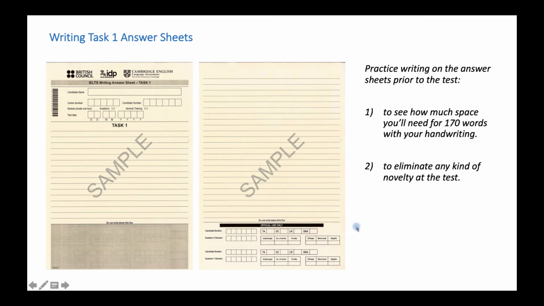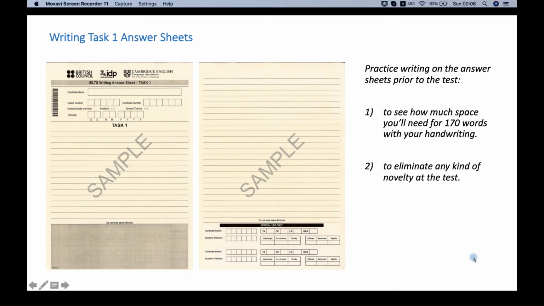And when you practice writing task 1, always use these sheets of paper because you have to know how much of this space you will need to write 170 words or 180 words. Okay, because at the examination, you're not going to have time to count all the words. Also, if you don't have enough space to write, you can ask exam invigilator to provide you with some more sheets of paper.